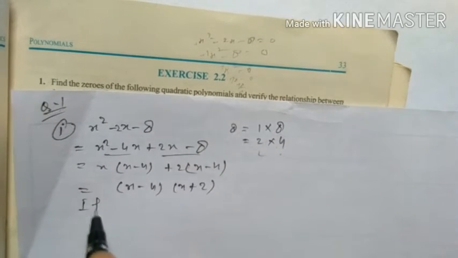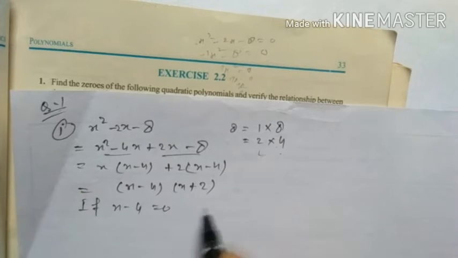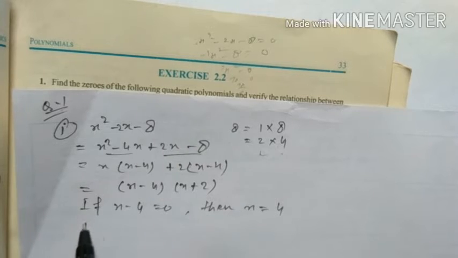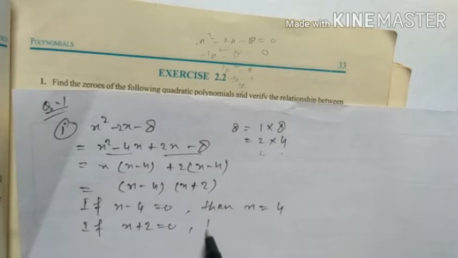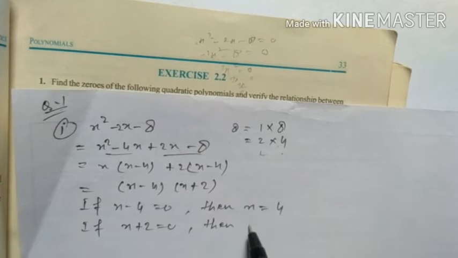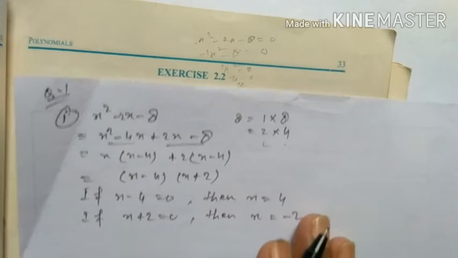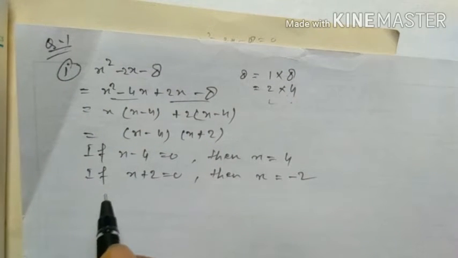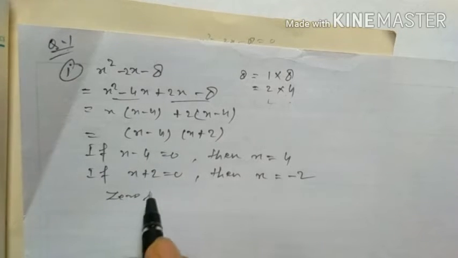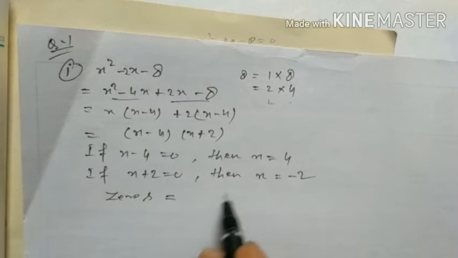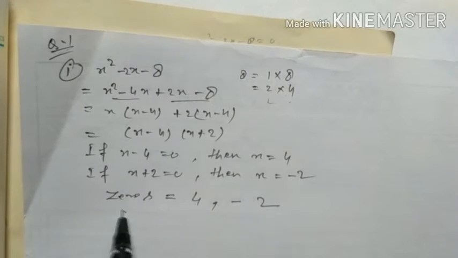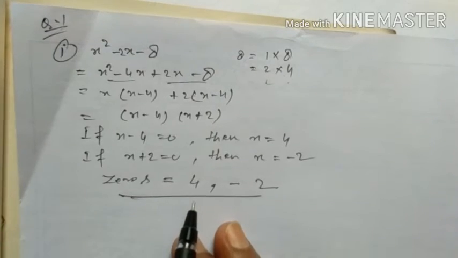If x minus 4 equal to 0, then x equal to 4, and if x plus 2 equal to 0, then x equal to minus 2. So the zeros are 4 and minus 2.